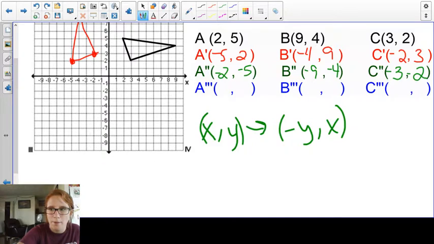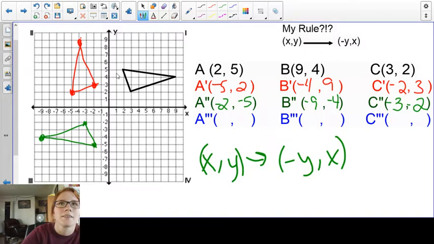So that's going to be at -2, -5, -9, -4, and -3, -2. So now I've rotated my red guy to my green guy. It's looking good, guys. Looking real good.